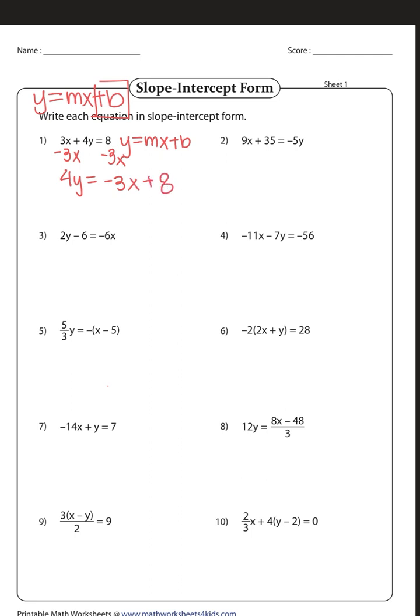So it matches, but we see that there is a 4 coefficient with the y. So the next thing we have to do is divide by 4, and we divide by 4 for each term. So we get y is equal to negative 3 over 4x plus 2.